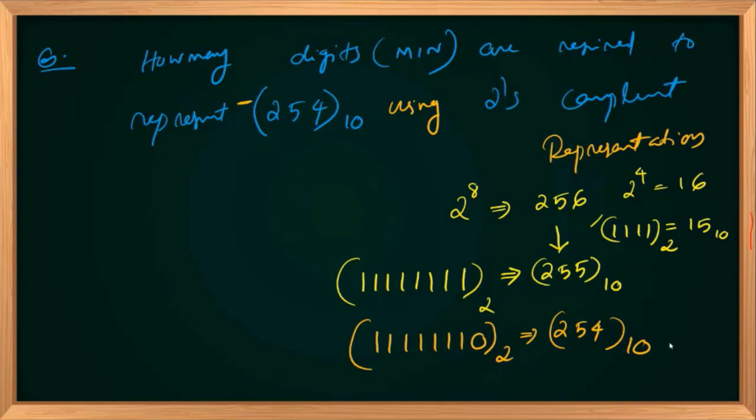Okay, then what about others? Please try this. Try to write minus 254 decimal in a pattern using two's complement representation.